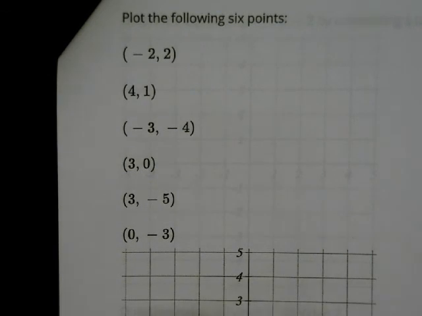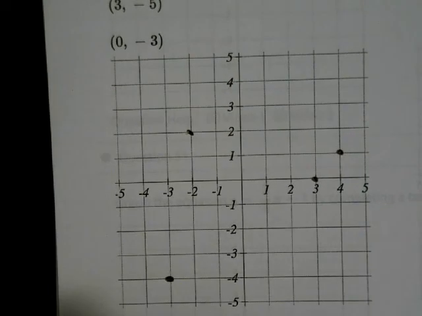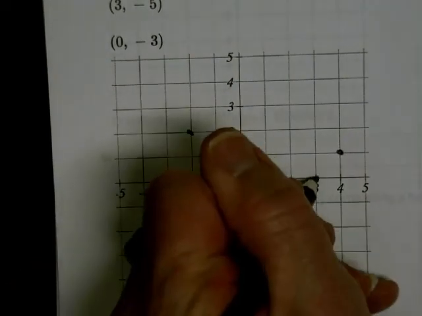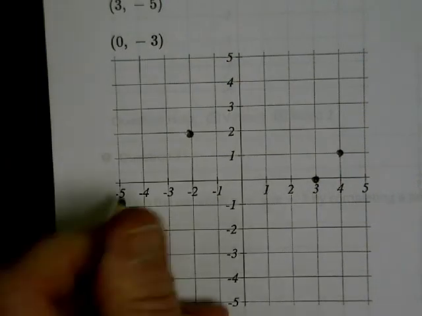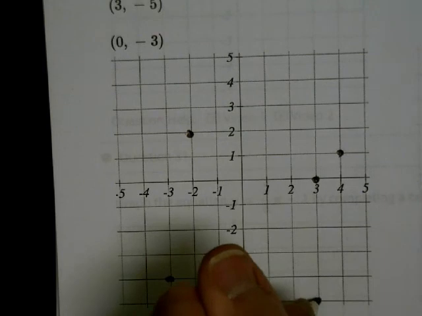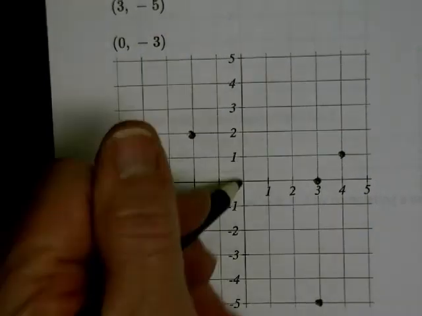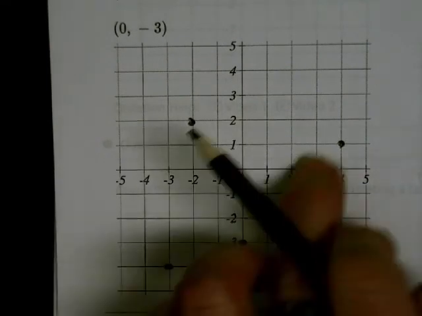Okay, last one for today, 28. This is adding up, so we'll have 29 to do tomorrow. This one's just 6 points. Negative 2, 2. 4, 1. Negative 3, negative 4. 3, 0. Where could you go wrong? Oh, sorry, you can't see what I'm doing. Okay. Where could you go wrong?